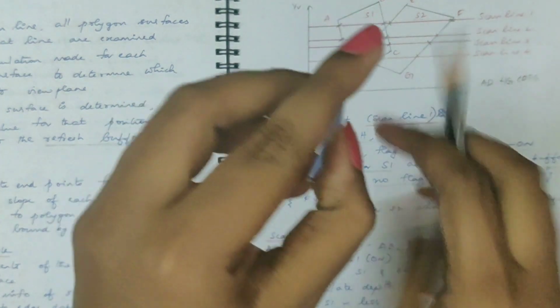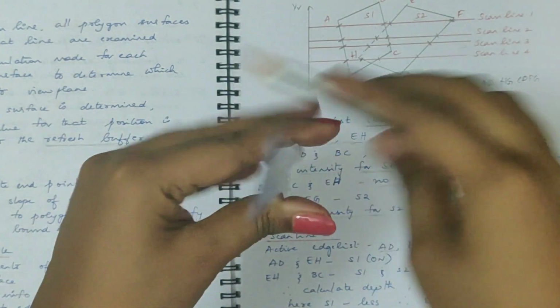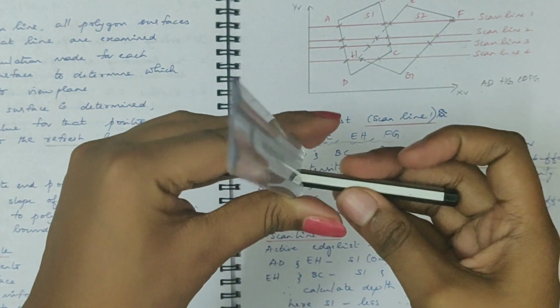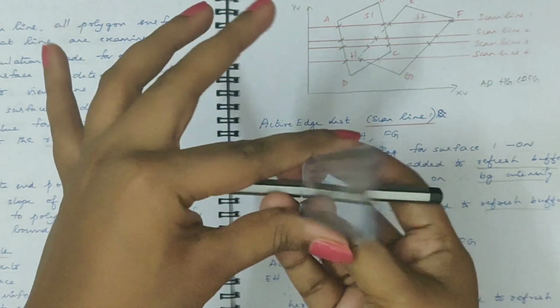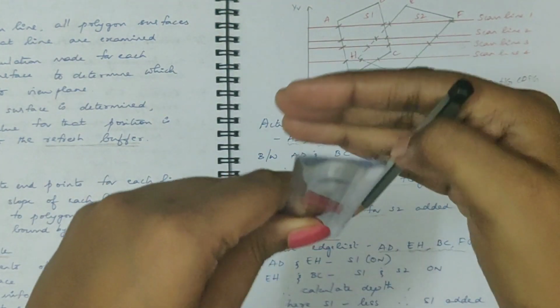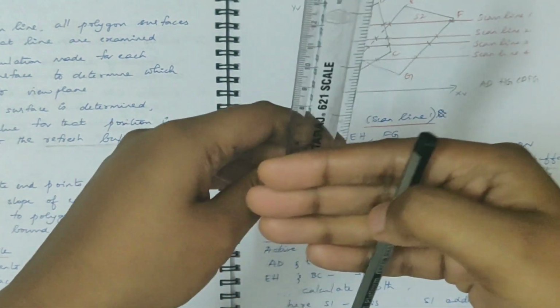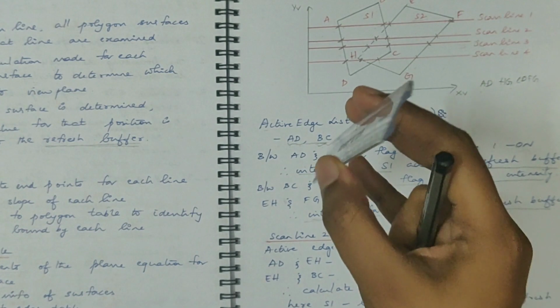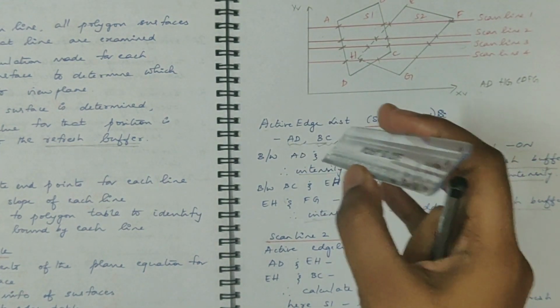For example, if you have a line that goes inside through this, or if you have two surfaces like this, in such cases this method will not work. You should have one surface in front and one surface at the back. So that is the scanline method.